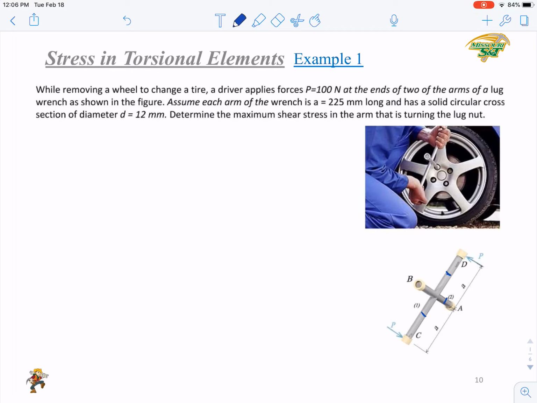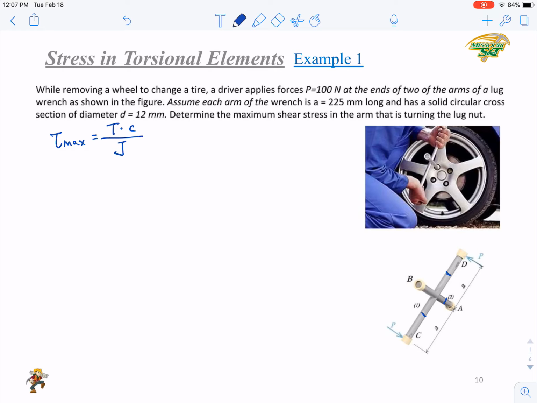Look here, of course, our equation will be tau max equals torque times C over J. Here the C is the maximum distance from the edge, or from the point of concern, to the centroid of the cross section.